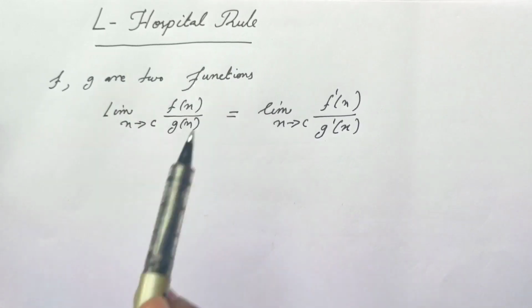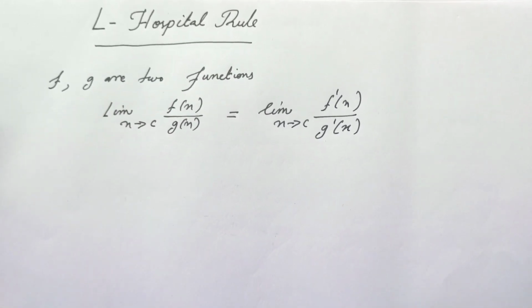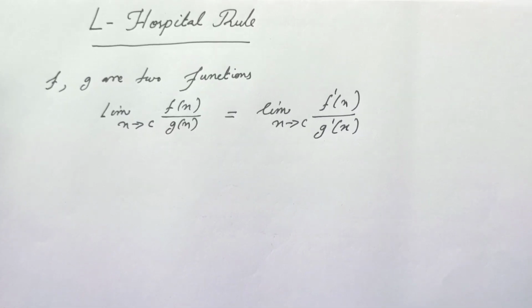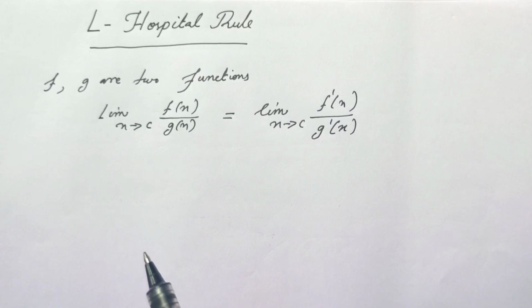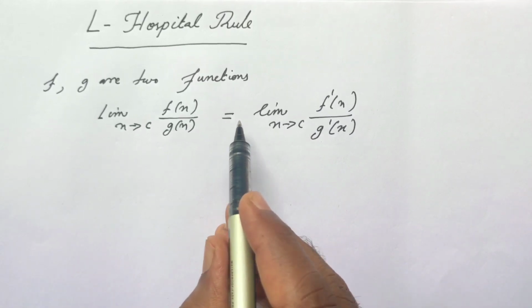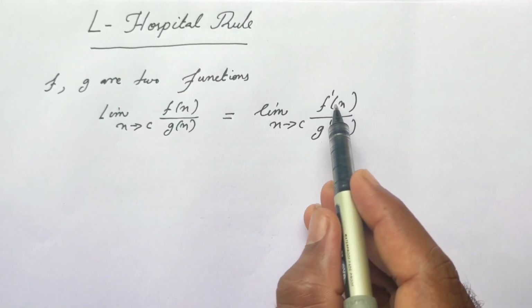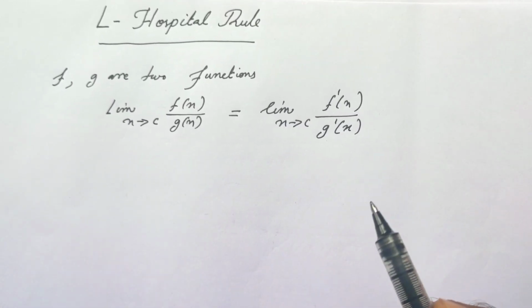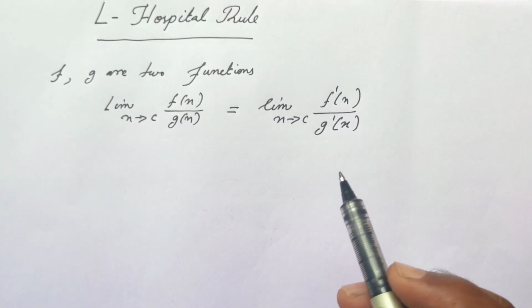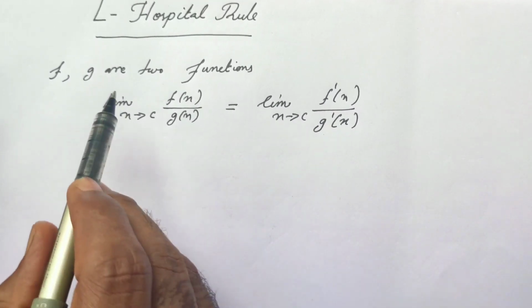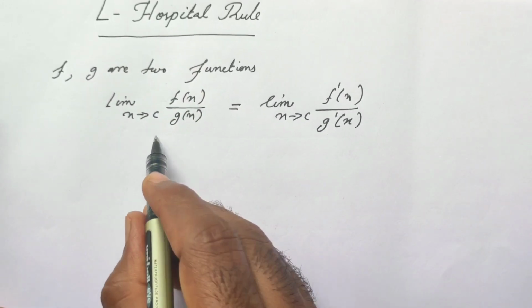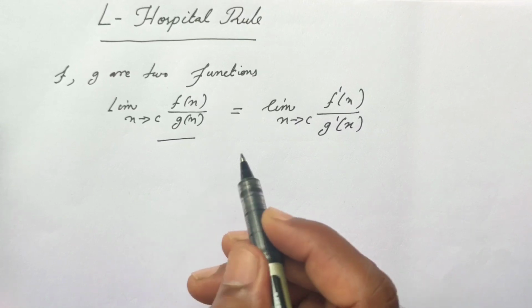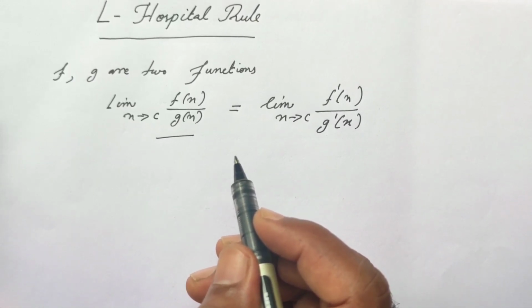That is, L'Hospital rule states that for any functions f and g which are differentiable, the limit x tends to a constant of f of x divided by g of x is equal to the limit of the derivative of f of x divided by the derivative of g of x. That is, the application of the L'Hospital rule often converts an indeterminate form into a form that can be easily evaluated.